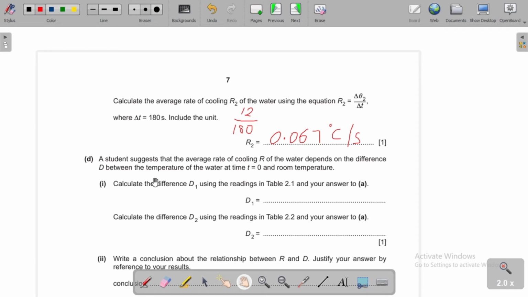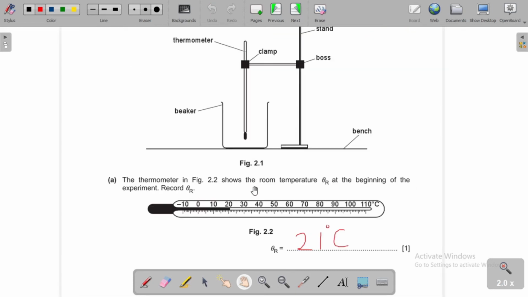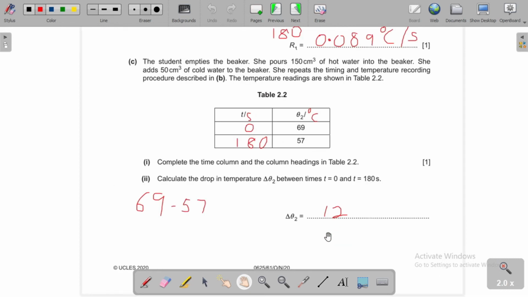Calculate the difference D1 using the readings in table 2.1 and your answer to A. D should be the difference between the temperature of water at time t equals 0 and the room temperature. We got our room temperature to be 21 degrees Celsius.